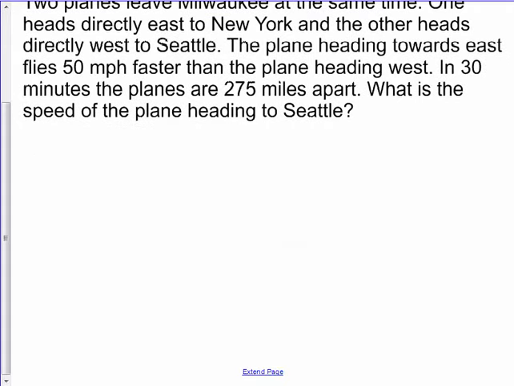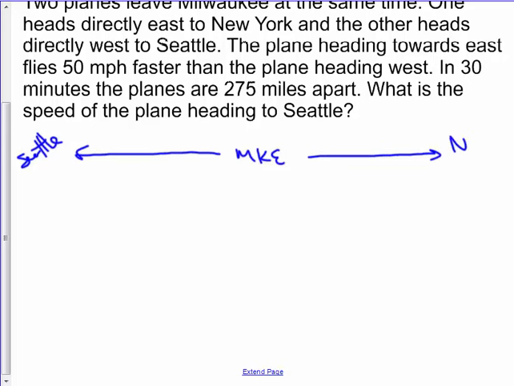So the last one, example 5, in this one, you're leaving from Milwaukee. One plane is traveling west, the other plane is traveling east. In this one, the distances are not being subtracted, but you're finding the total distance between them. So in this case, I'm going to take the distance I traveled from Milwaukee to Seattle plus the distance I traveled from Milwaukee to New York, add them together.